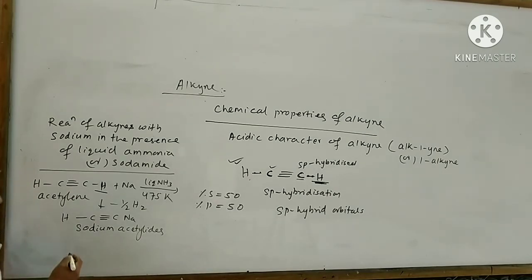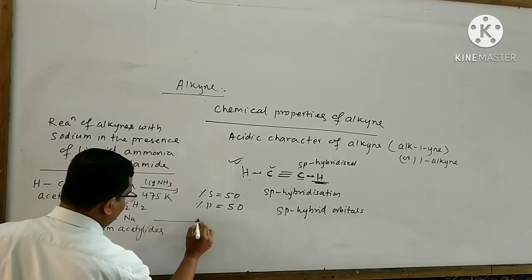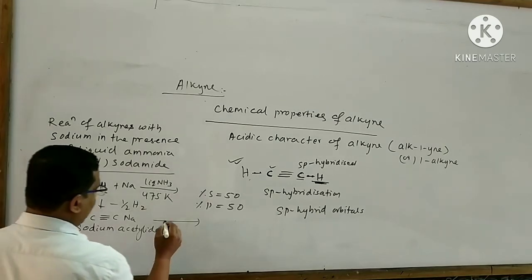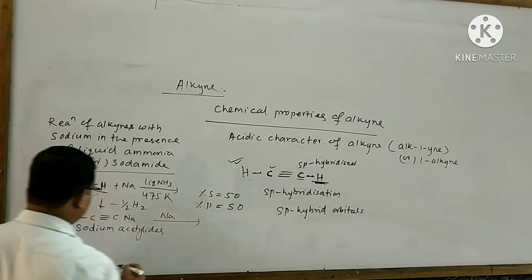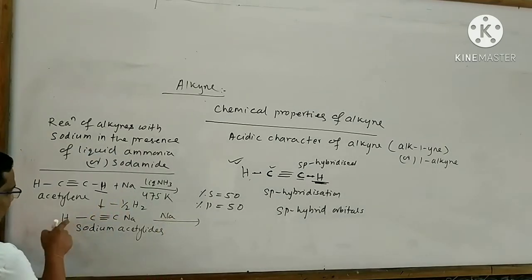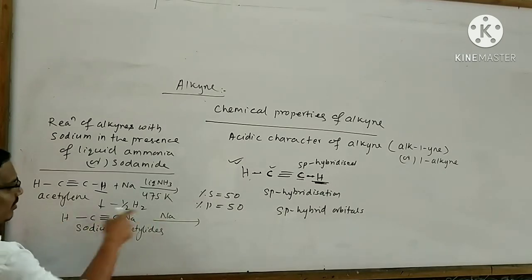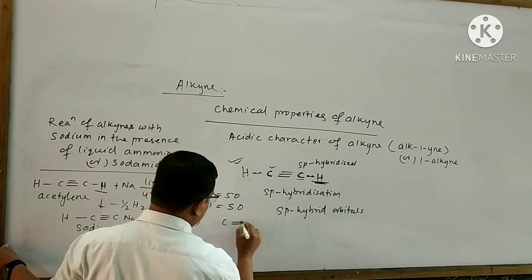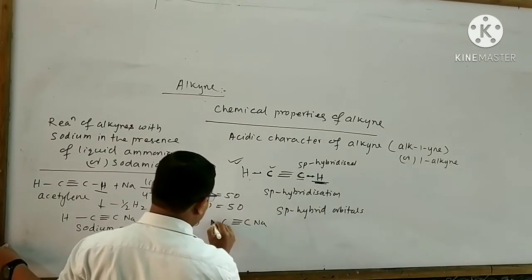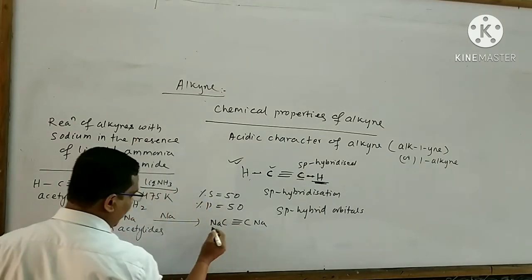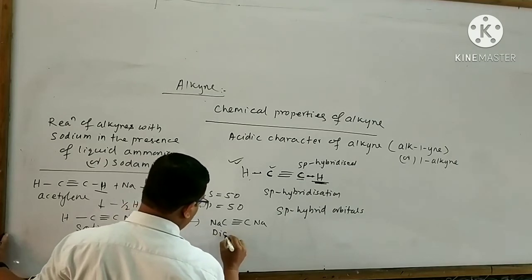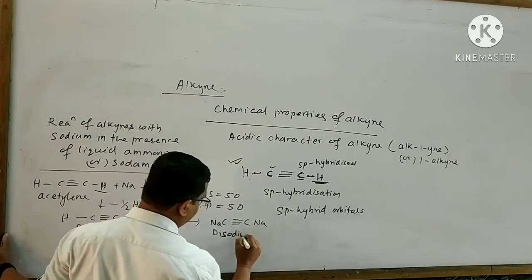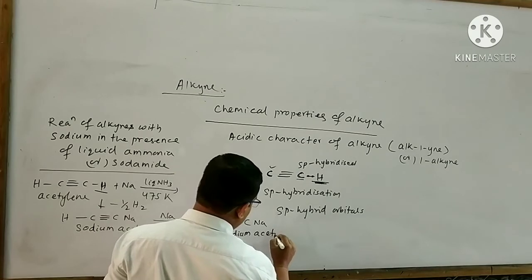Again, when sodium acetylide reacts with another sodium atom, then what will happen? This hydrogen atom is also replaced by a sodium atom and disodium acetylide is formed. This is said to be disodium acetylide.